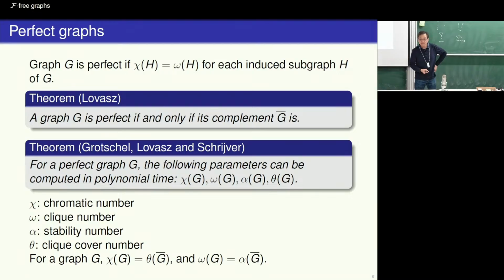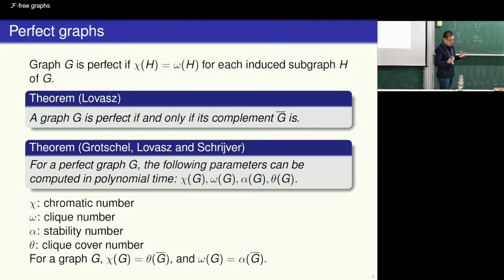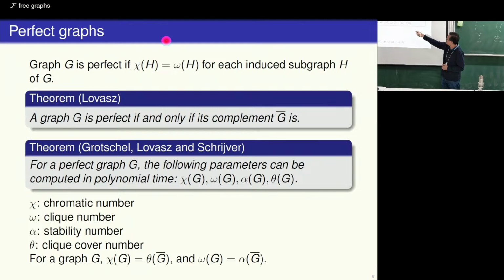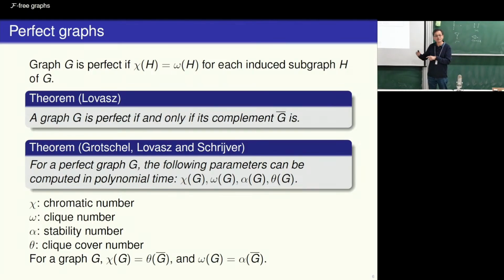A graph is perfect if for every induced subgraph H, the number of colors you need to color it, the chromatic number, denoted chi of H, is the same as the size of the largest clique, the number of vertices in the largest clique. You have seen that if you have a clique of size k, you need k colors.